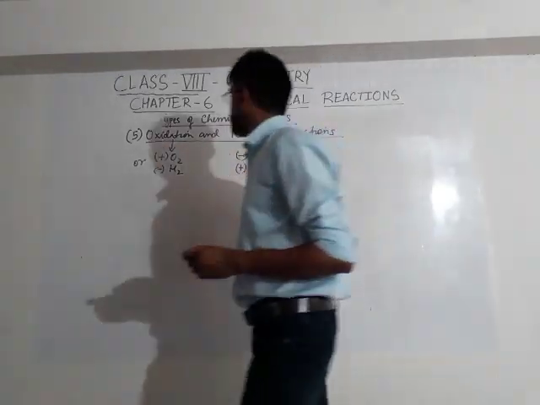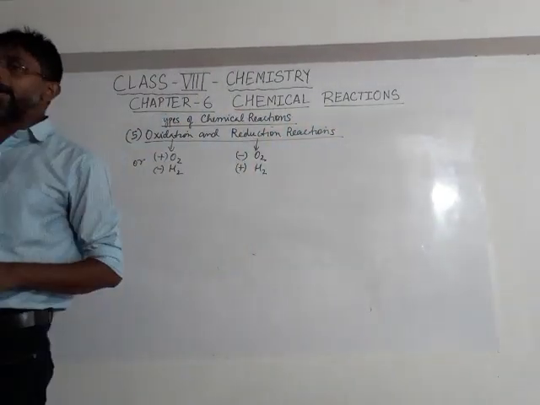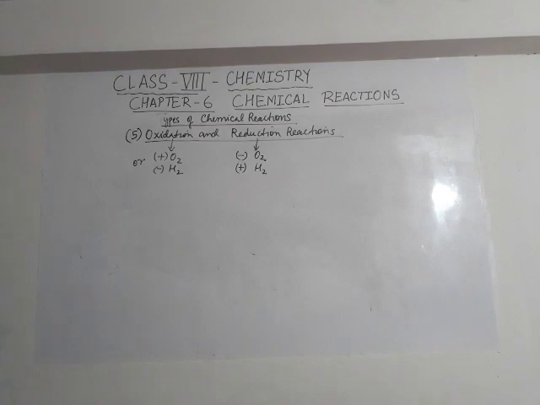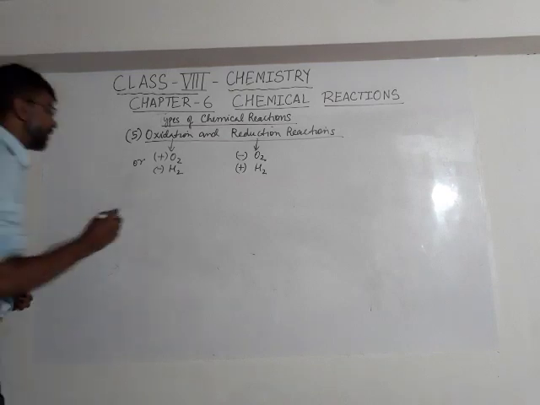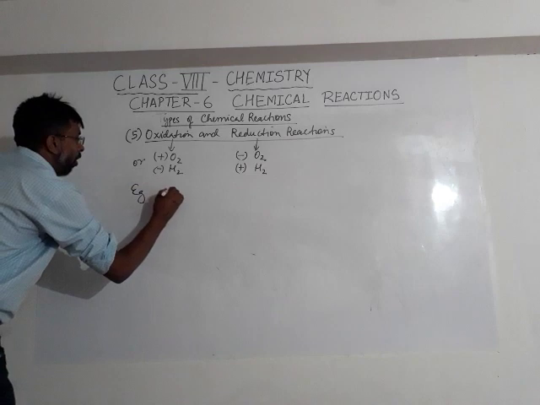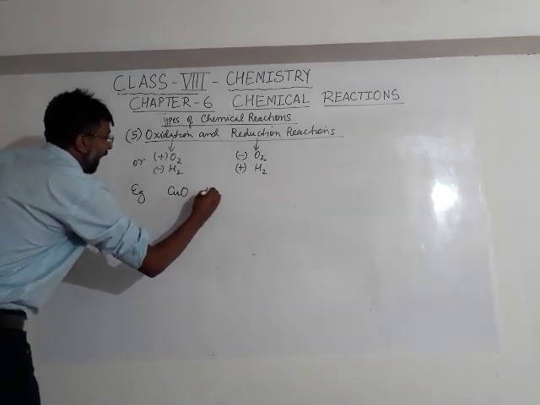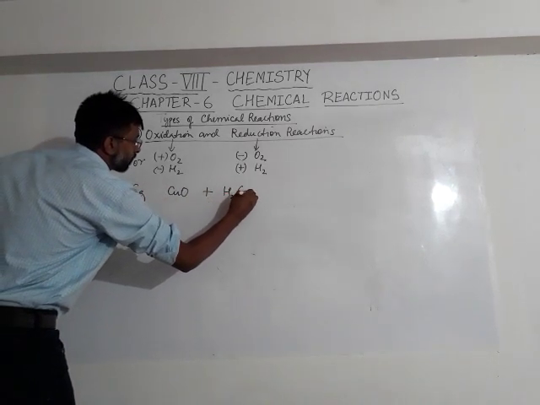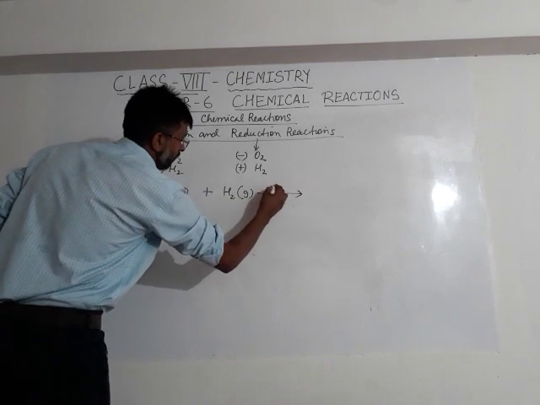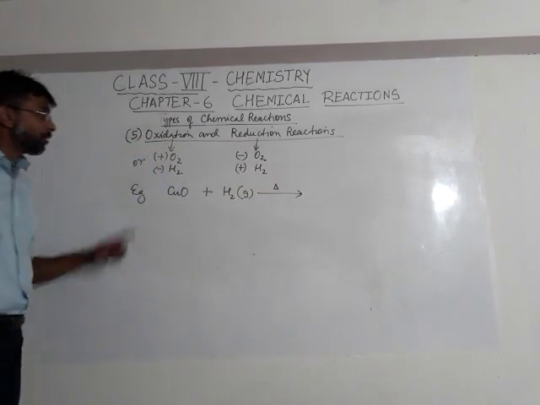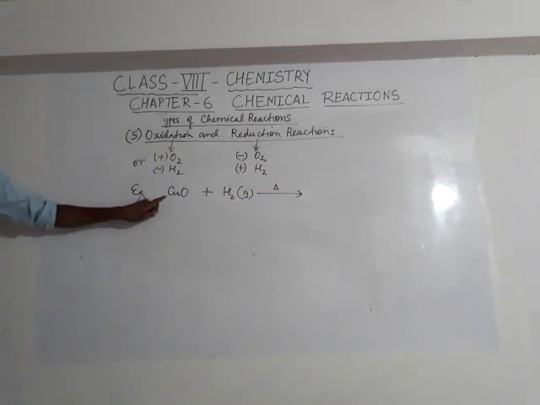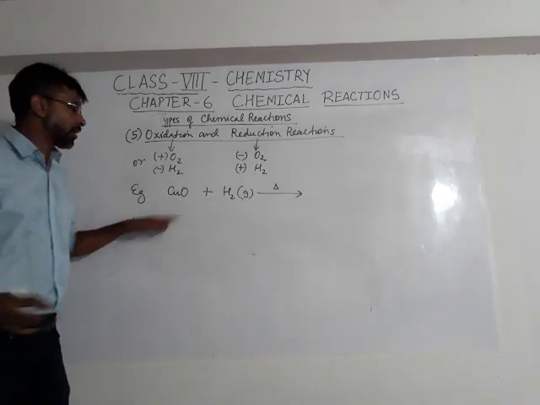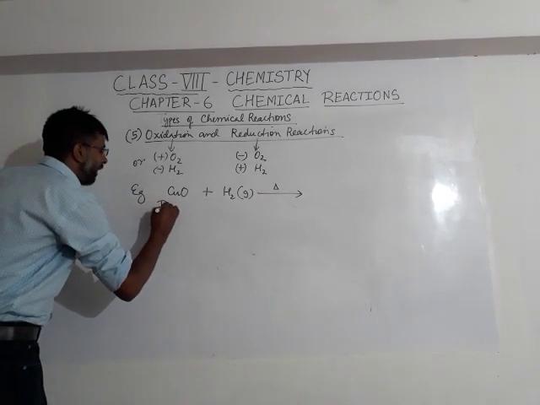Let me explain oxidation and reduction reactions with the help of two examples only. The first example is the reaction between copper oxide and hydrogen gas. Now try to understand this properly. Copper oxide is a metallic oxide. The color of copper oxide is black.